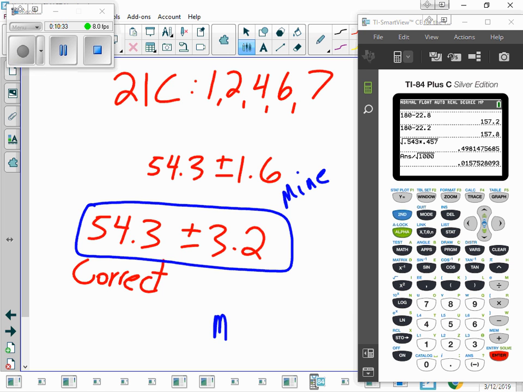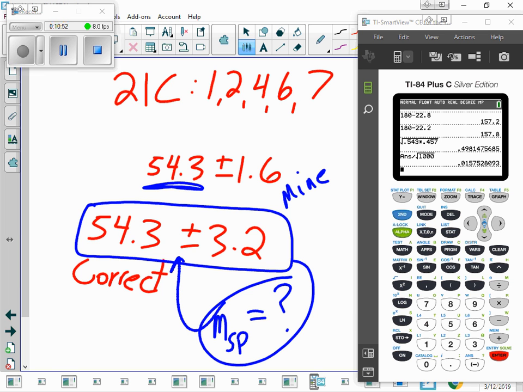So Megan's sample percentage is going to be some unknown number. It will be hopefully close to 54.3. Okay. Is there a 95% chance that her value will land in this area?